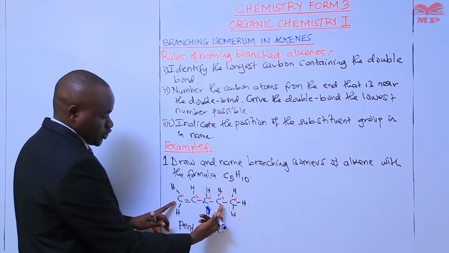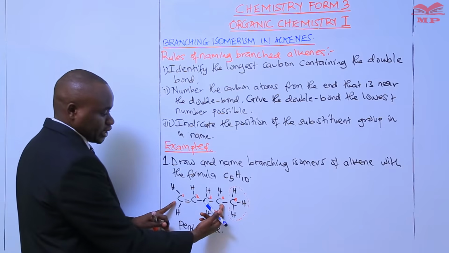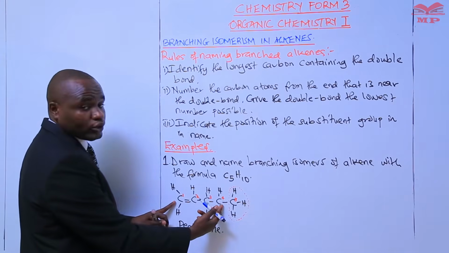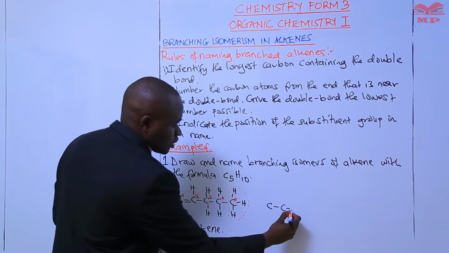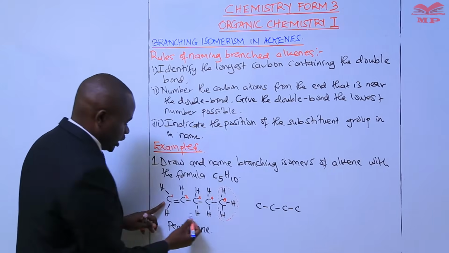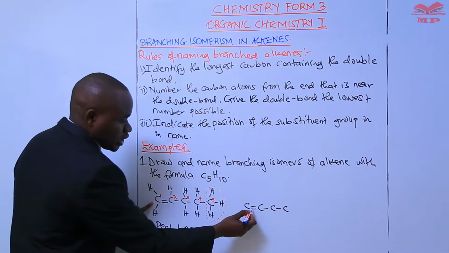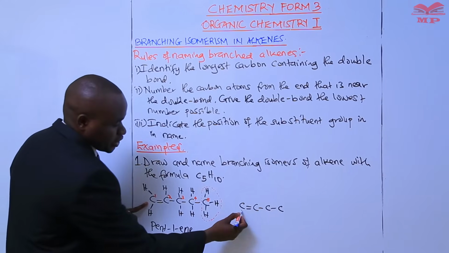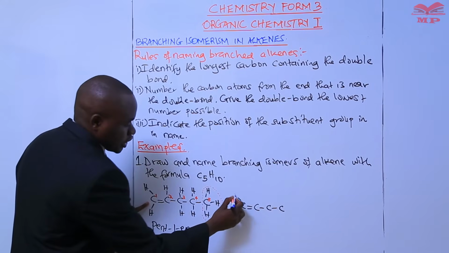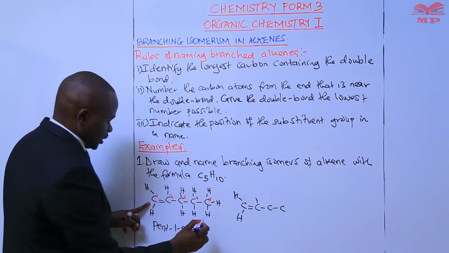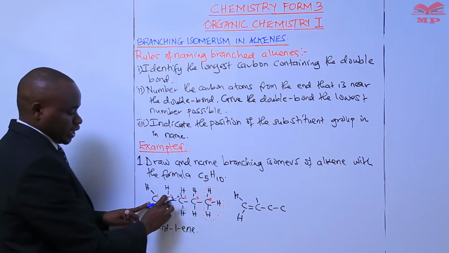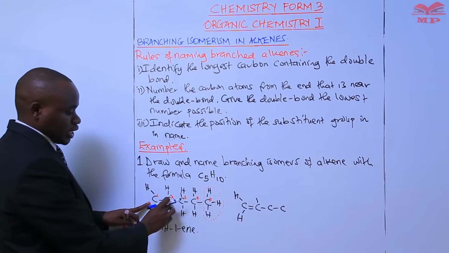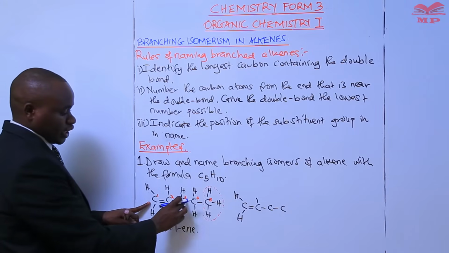So the new parent will have 4 carbon atoms. So I'll draw the 4 carbon atoms like that. Then I put the double bond between number 1 and number 2. Then I indicate the original hydrogen atoms. But we have been told if you want to form an isomer, you replace any middle hydrogen atom.